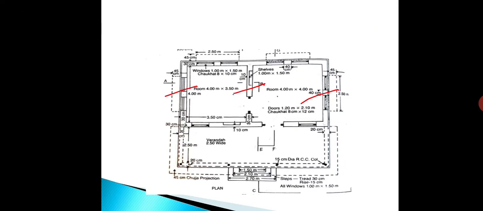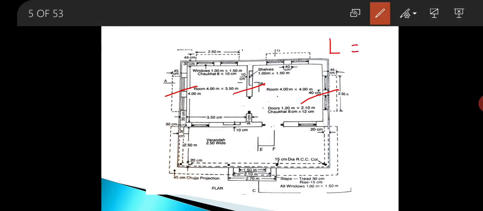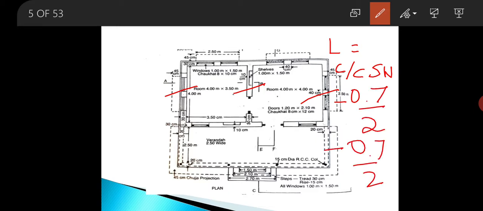So for calculation of first footing along short wall, the length will be equal to, from the center to center length of short wall, we have to subtract half of the width of the first footing from both the side. Clear? So the width of first footing is 0.7, and from the center to center length of the short wall, we will subtract half of the width from both sides.